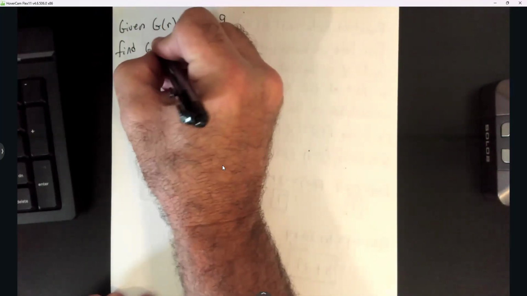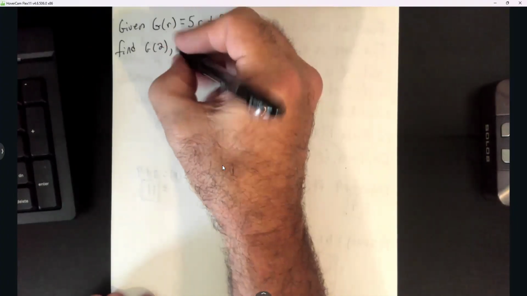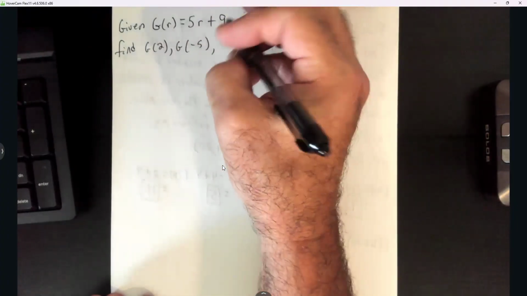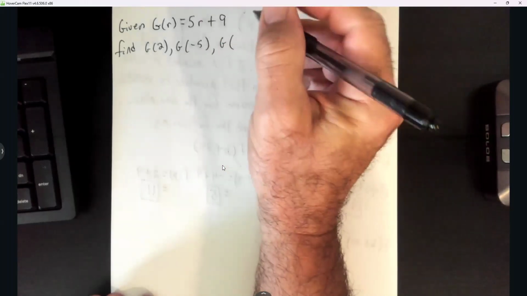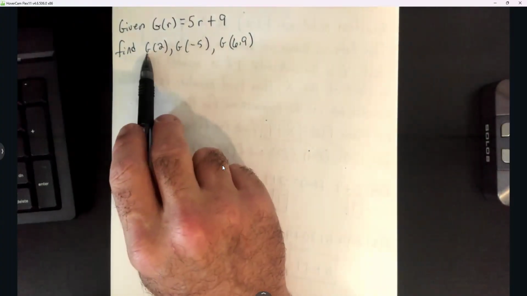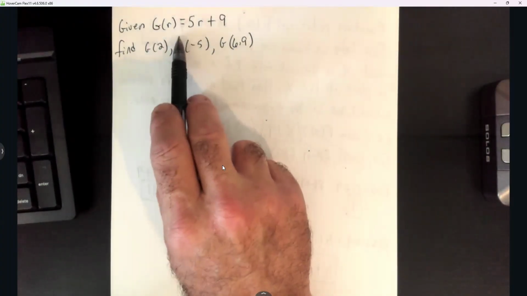So let's see what they want us to find. They want to find g of 2, g of negative 5. Oh, and look at that, g of 6.9. So they're throwing a decimal at us. We might have to multiply on a calculator or something, but no issues. All right, so only 3 on this one.